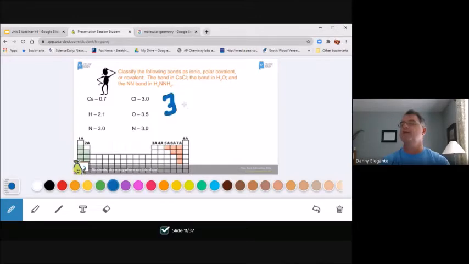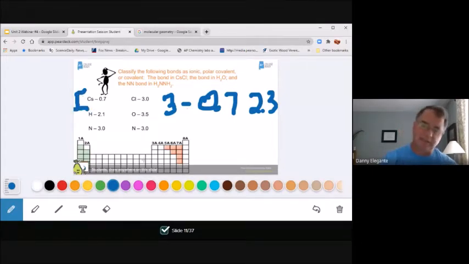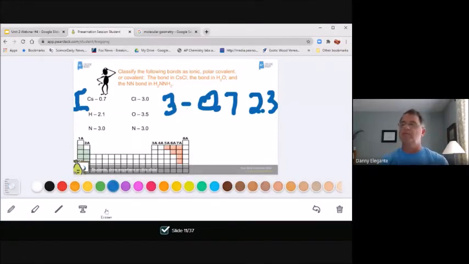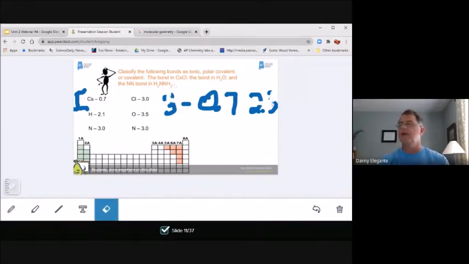So 3 minus 0.7, because remember, it's based on electronegativity difference. That gives us a difference of 2.3. And we said anything greater than 2 was ionic. So the bond between cesium and chlorine is ionic. That's because of the electronegativity difference, and also because it's a metal and a nonmetal. No great big surprise there. So that one should be okay.